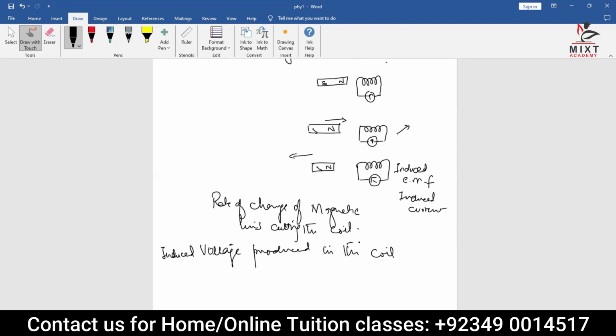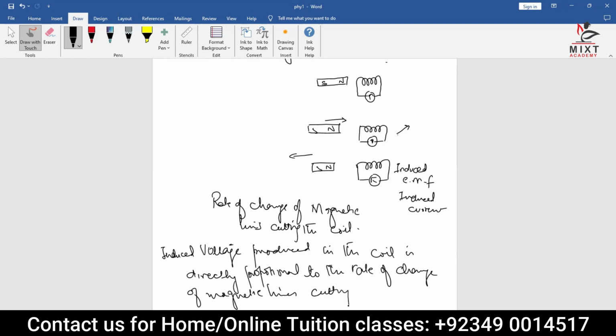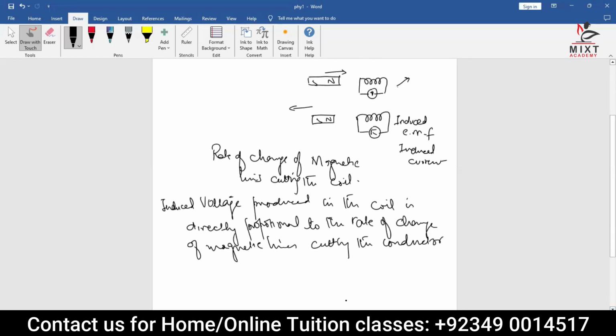The induced voltage produced in a coil is directly proportional to the rate of change of magnetic lines cutting the conductor or coil, right? We also use a word called magnetic flux.